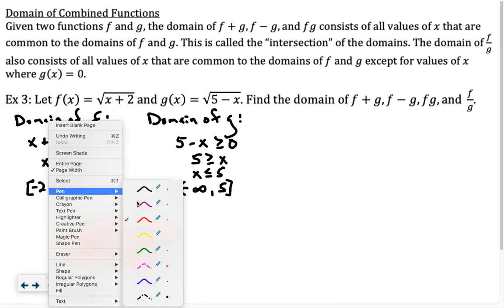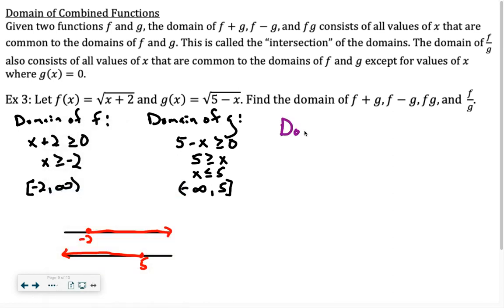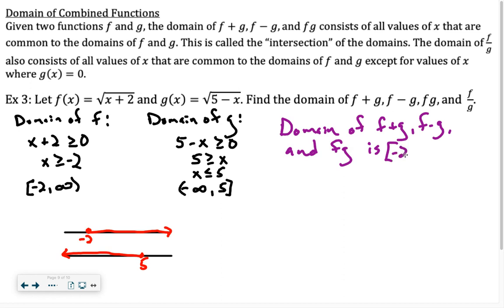So what we can say is the domain of f plus g, f minus g, and f times g is negative 2 to 5, right? Now, if I want f divided by g, I also have to exclude anything where g would be equal to 0, okay?